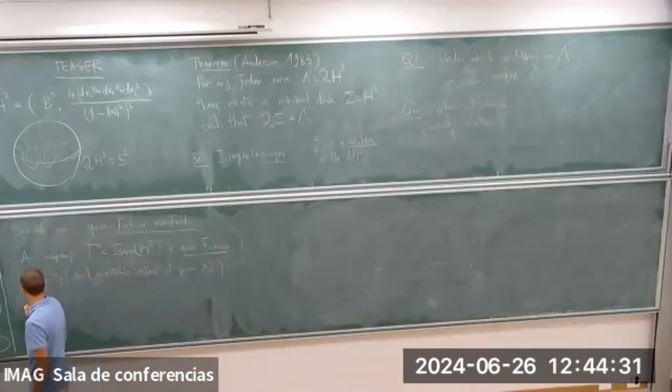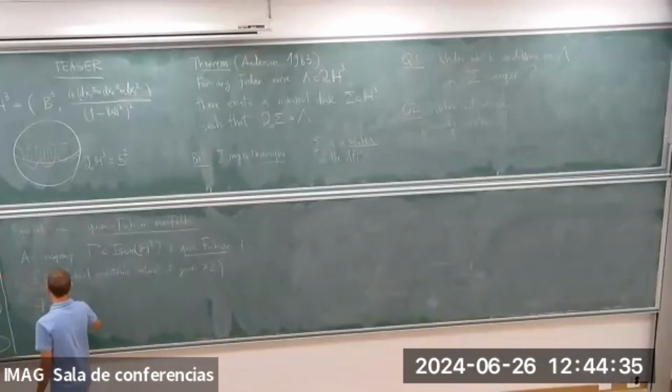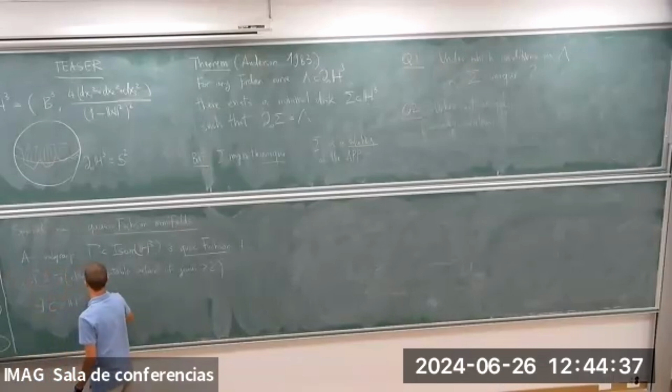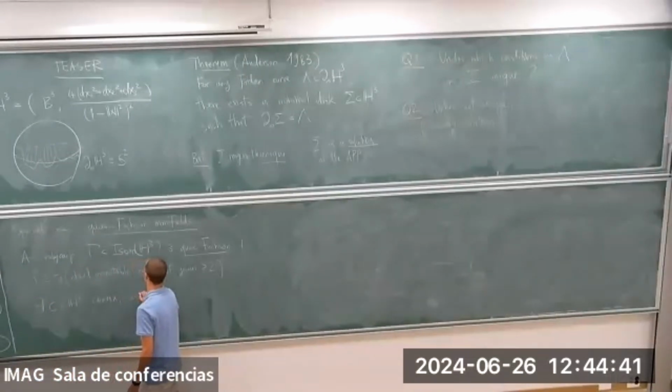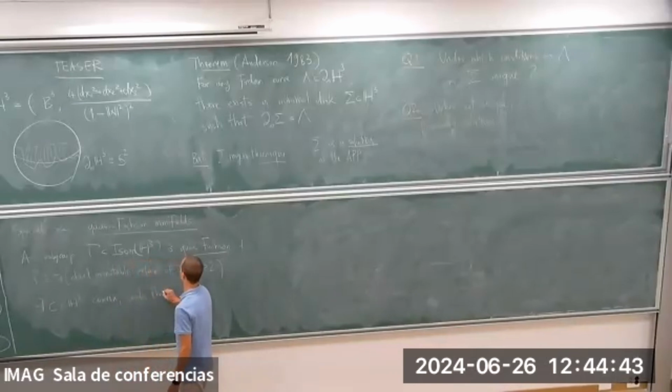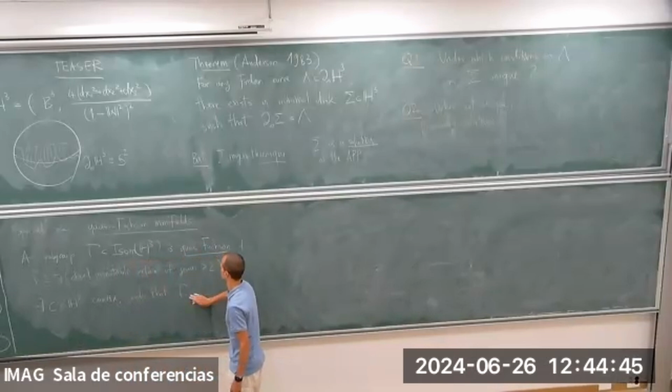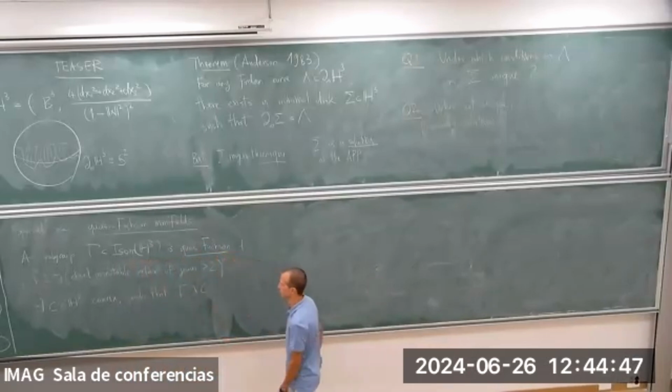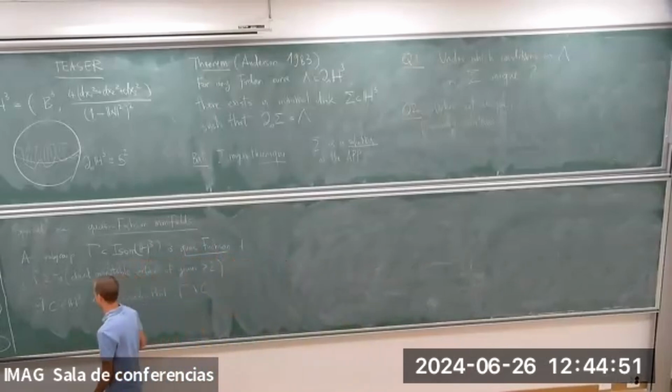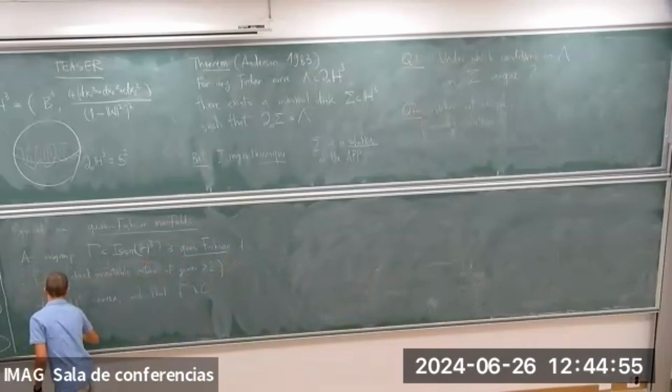And second, there exists a set C inside H3, which is convex, such that gamma acts on this C, this geodesically convex subset, and the action is free, properly discontinuous, and cocompact.